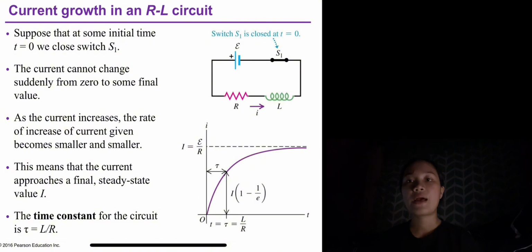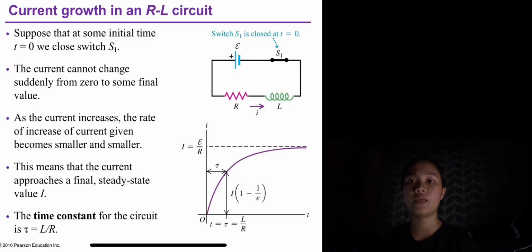And as time passes, the current continues to grow, and the rate of change of current decreases, causing the induced EMF to be weakened. And with less opposition from the inductor, the current rises more easily, and eventually the induced EMF becomes negligible.